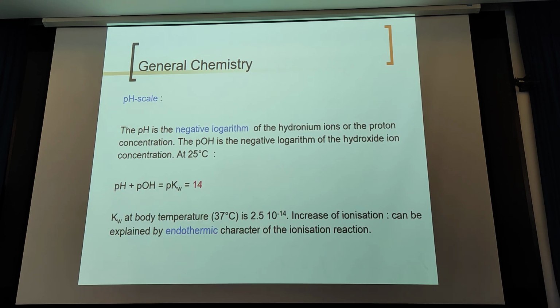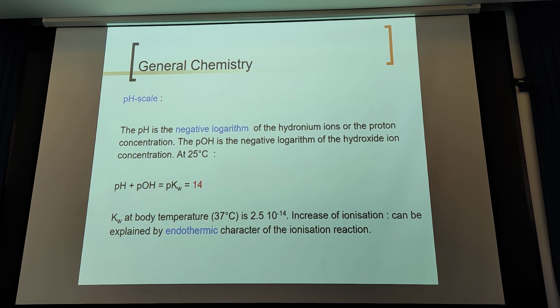So if you take a logarithm of 10 to the minus 14, we actually get minus 14. That's not very easy to work with, negative numbers. This is why we take the pH and not the log H. In that way we always get positive numbers, at least in the normal concentration ranges.